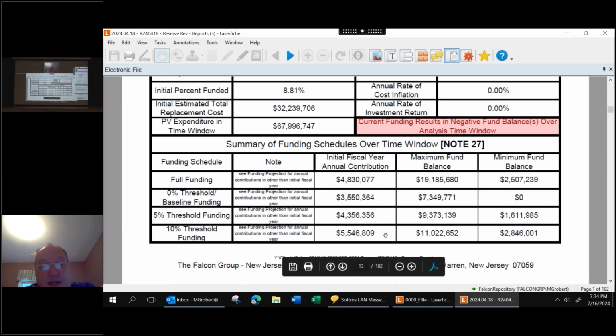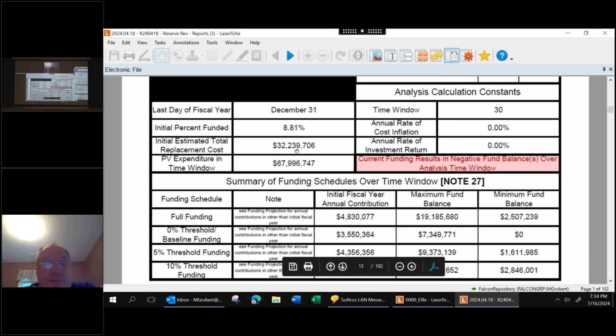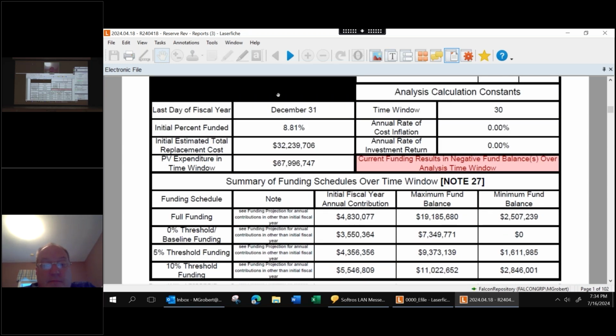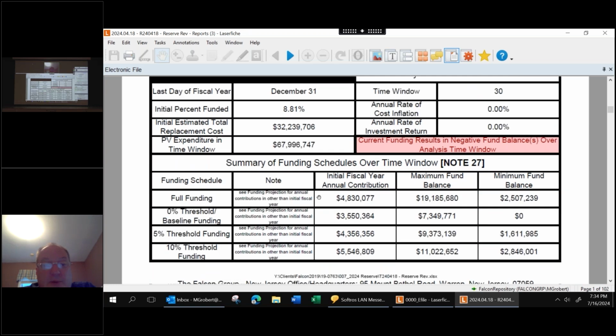And with the 10%, it's $5.5 million. The reason is that your initial balance of 2.64 million is not even 10% of your initial estimated replacement cost.